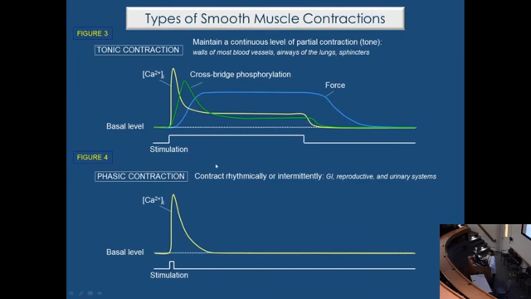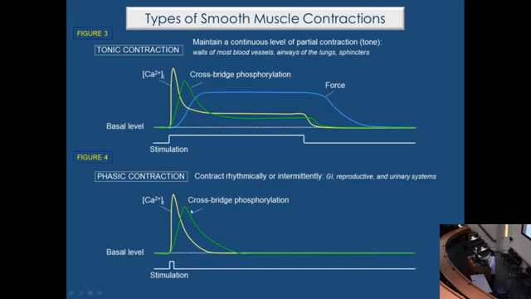duration stimulation compared to the tonic contraction, and you see that because with this stimulation there is an increase of intracellular calcium that peaks, but after some time it will go back to the basal level. Then when we look at the time course for the cross-bridge phosphorylation, it follows the same as the calcium, right?